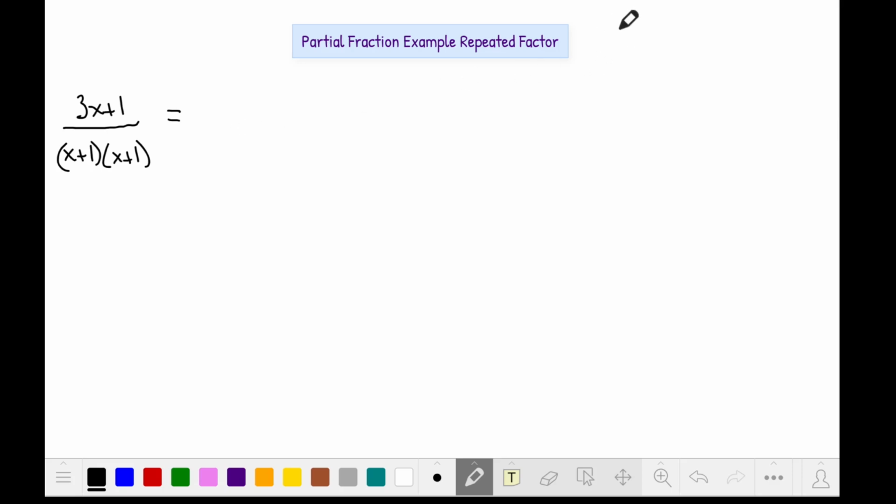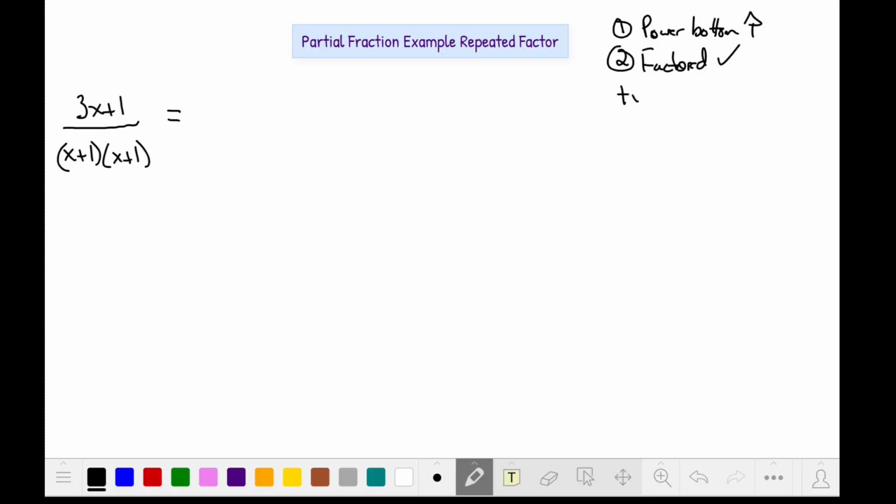So we can go through the rules really quickly. One, power bottom is the biggest. Number two, factored as much as possible. So yes, and then from there, we ask ourselves what type.